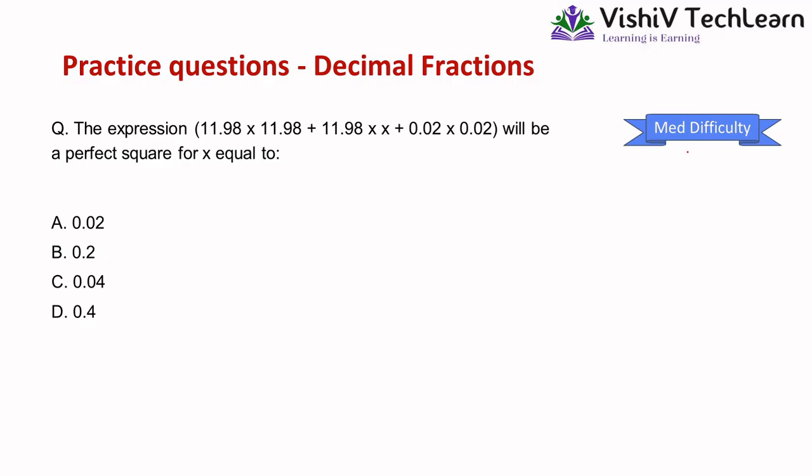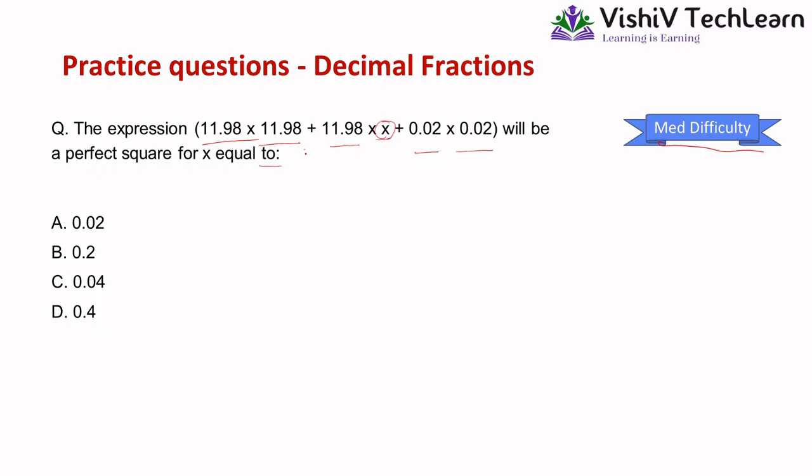Now let's go to the next question, a medium difficulty level question again. We have one expression, 11.98 multiplied by 11.98 plus 11.98 multiplied by x, here it is x, plus 0.02 multiplied by 0.02. What will be the value of x for this to be a perfect square?